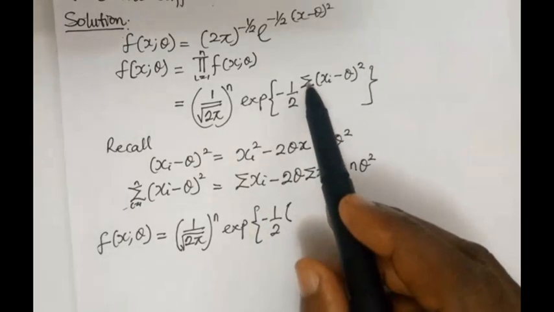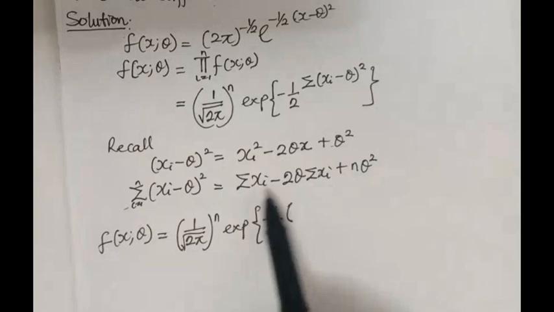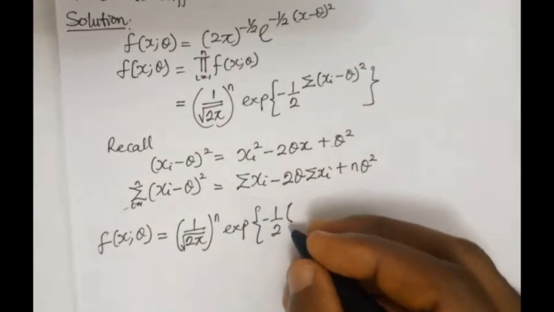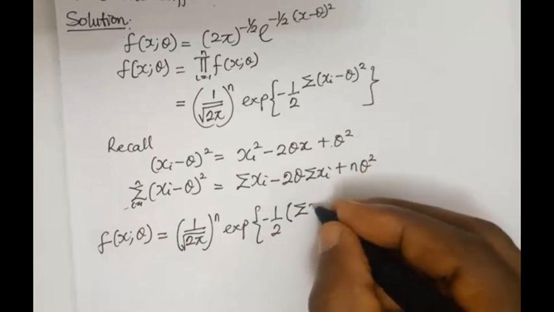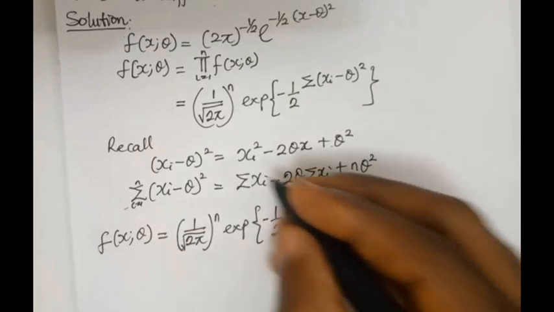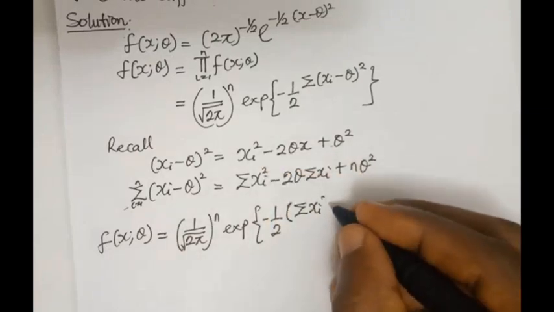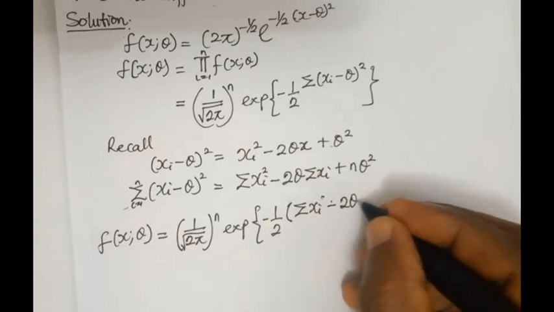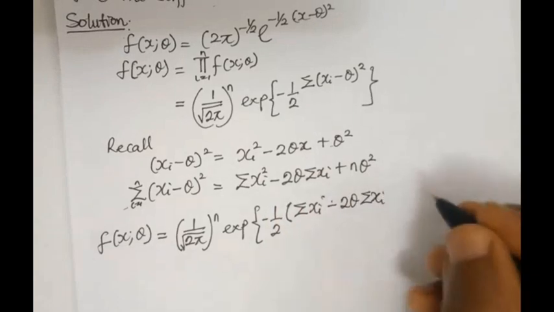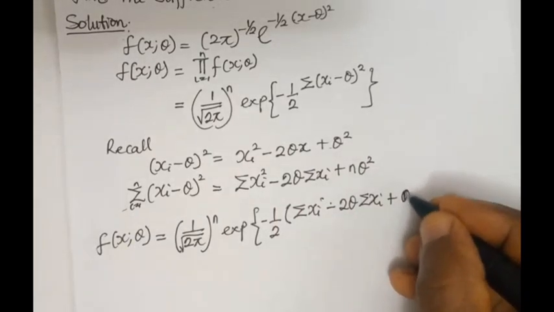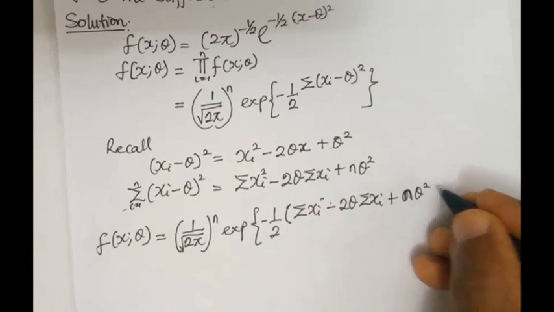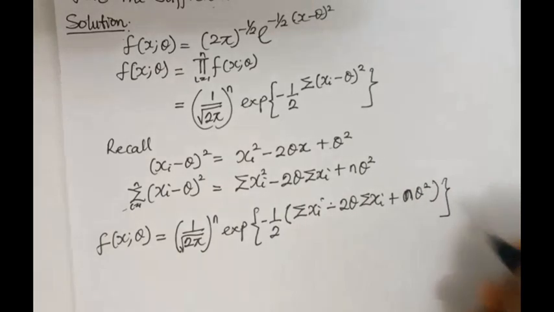So in place of this, we'll put the whole of this. We'll have summation of xi squared minus 2 theta summation of xi plus n theta squared. So this is what we'll have.